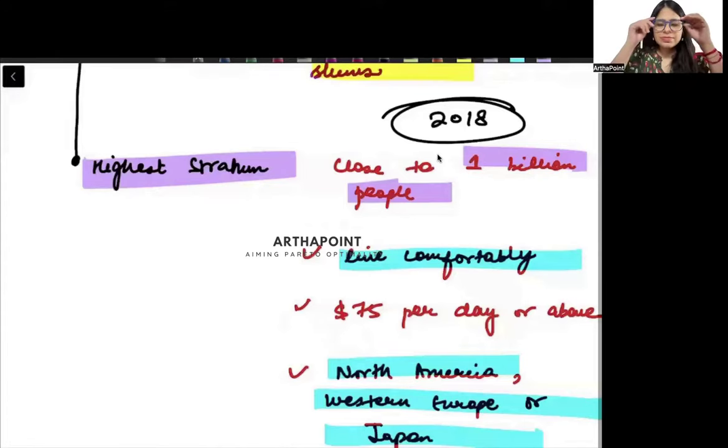Sometimes when you read about other people, when you understand the difference in the living standards of people, you should take a moment to thank God. You should always take one minute to thank God. You should be thankful to God that you are among the privileged.